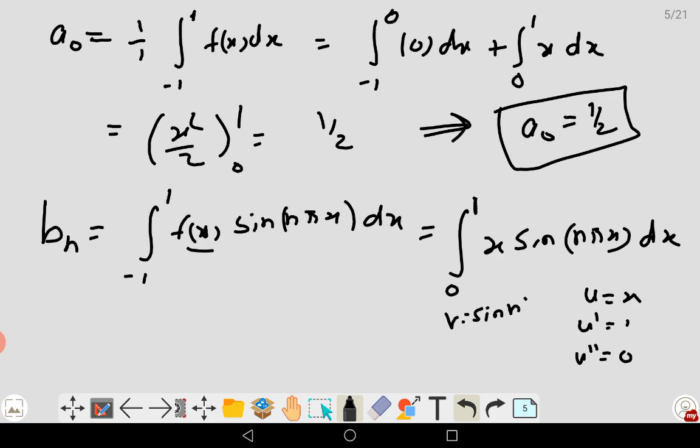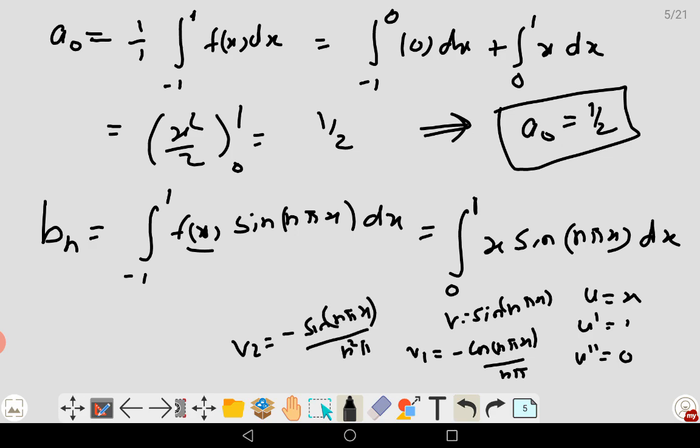V is equal to sine n pi x, v1 is minus cosine n pi x over n pi, and v2 is minus sine n pi x over n square pi square. We use them in the formula integral u v dx, which is equal to u v1 minus u dash v2 plus, so going on only the first two terms we are looking for.